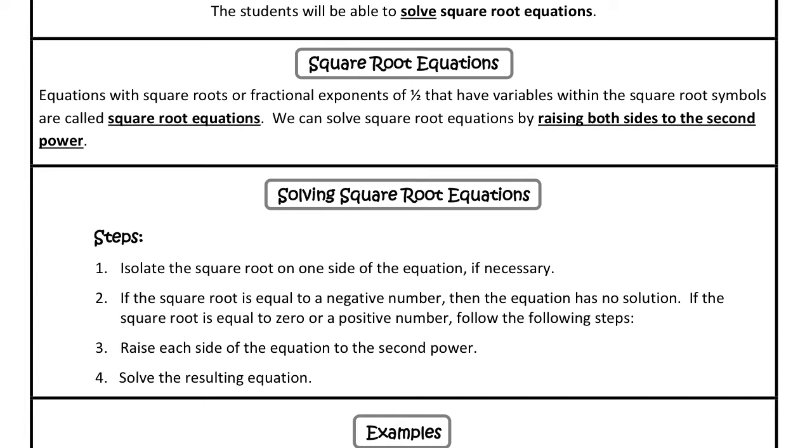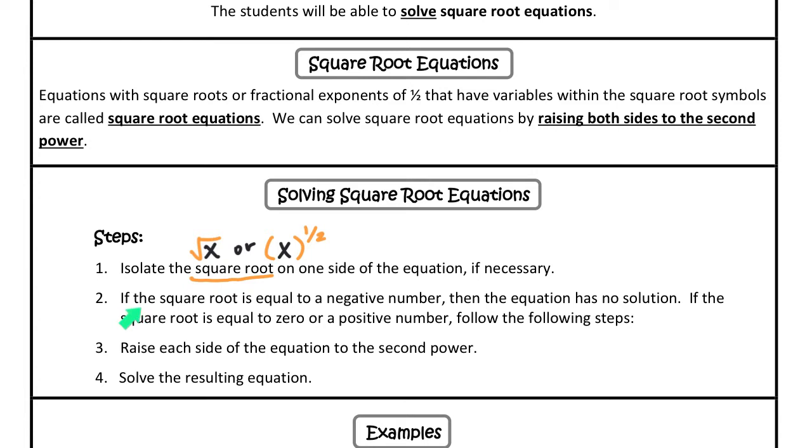So this just means the square root item, the item that's either in the square root, or it can also be inside the power of 1/2. So if you have a situation like this where you have the square root term, or the term that's raised to the power of 1/2, make sure that you have that on one side of the equation.